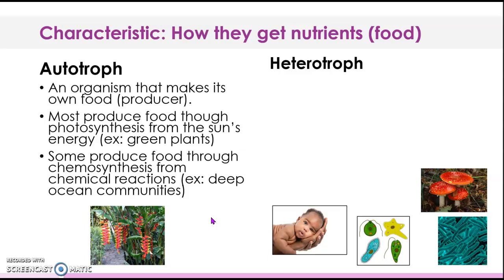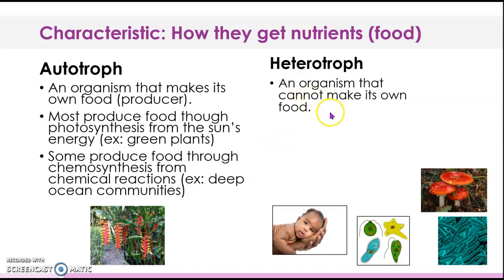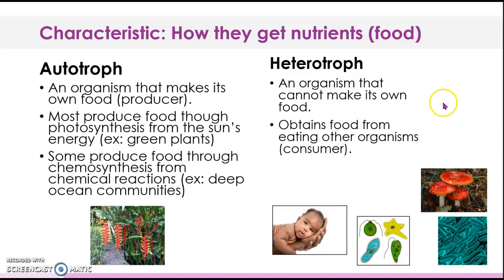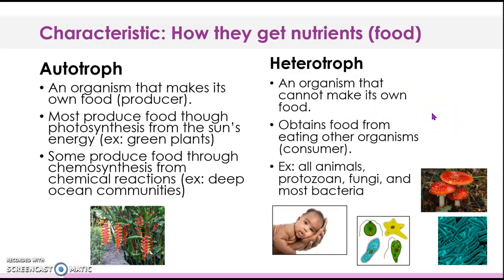These are found, an example are deep ocean communities, so way down at the bottom of the ocean. Next is heterotroph. Heterotroph is an organism that cannot make its own food. It obtains food from eating other organisms, so it's a consumer. Examples are you and me, all animals, protozoan, fungi, and most bacteria.